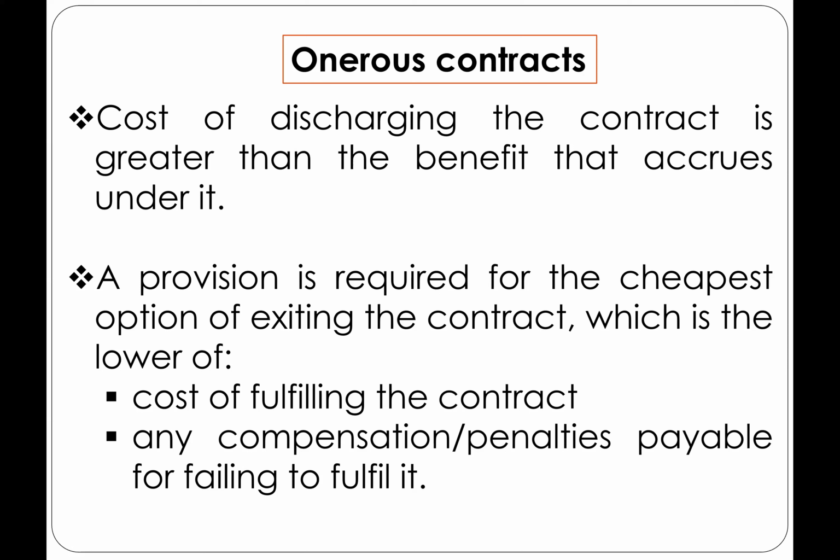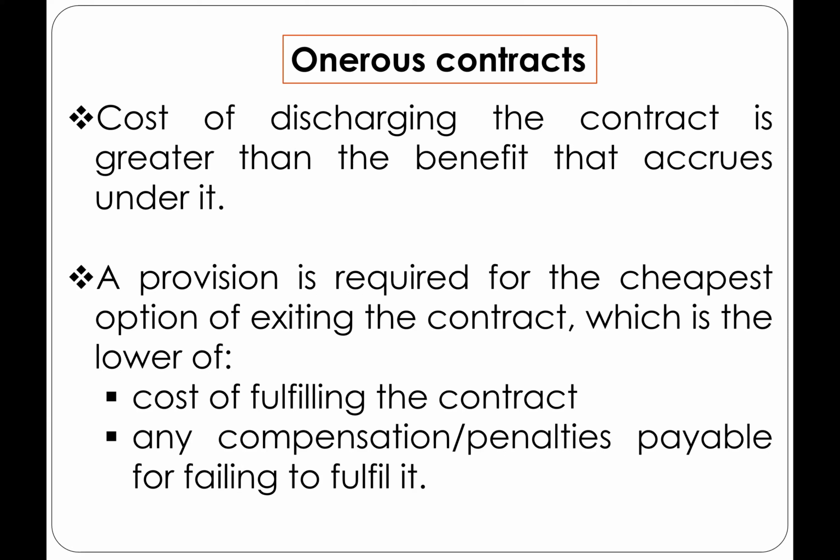So if you are faced with a situation where you've realized that I am in an onerous contract or a contract where I need to pay more than what I'm actually getting, you may need to then create a provision. And the provision that is required is the cheapest option of exiting the contract, which is the lower of the cost of fulfilling the contract or any compensation or penalties payable for failing to fulfill it.